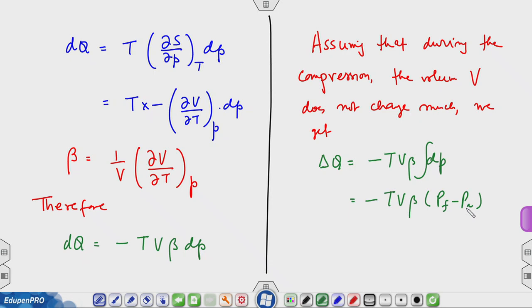Since there is a negative sign, and Pf is greater than Pi, so this much heat is released by the block. Problem solved. So, you see the usefulness of relating different quantities and their derivatives through Maxwell's relations. So, with this, I will conclude today's lecture.